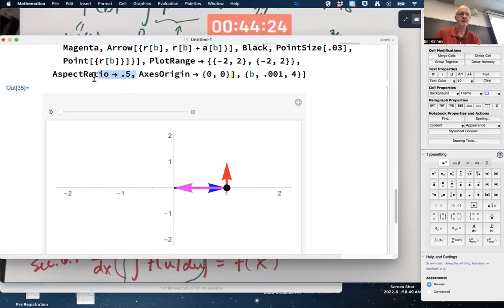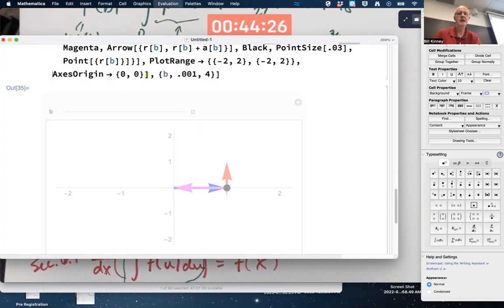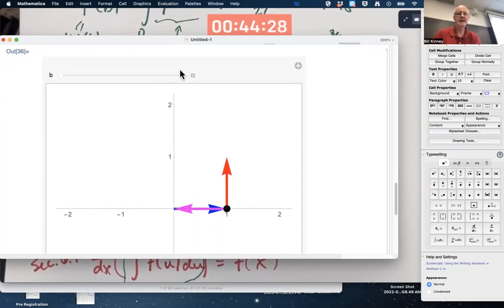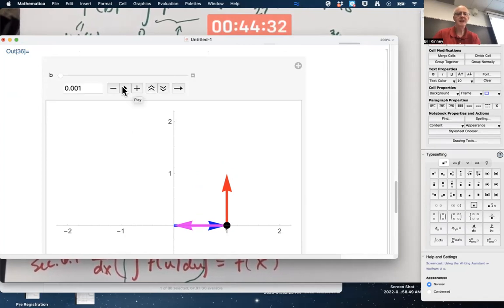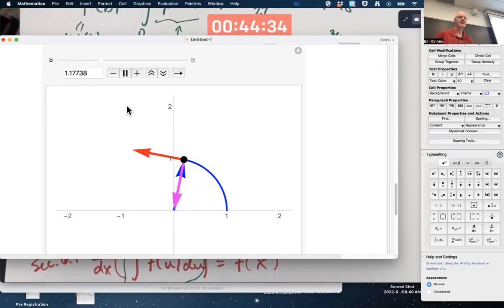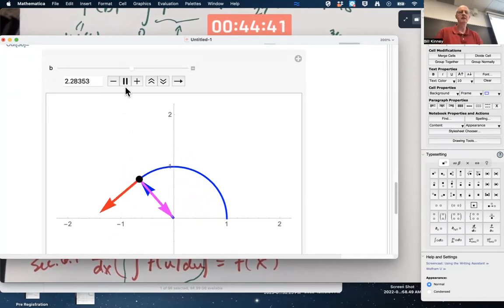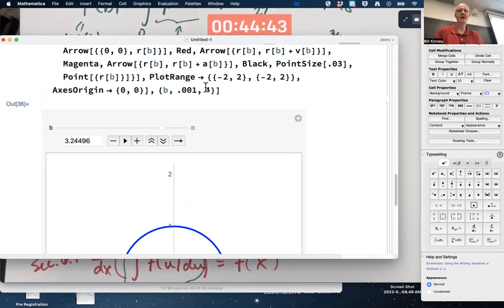And get rid of that aspect ratio. This is uniform circular motion at a constant speed. The blue arrow is still the position vector pointing from the origin to the location of the bug. Let's let time go to 2 pi instead of 4.